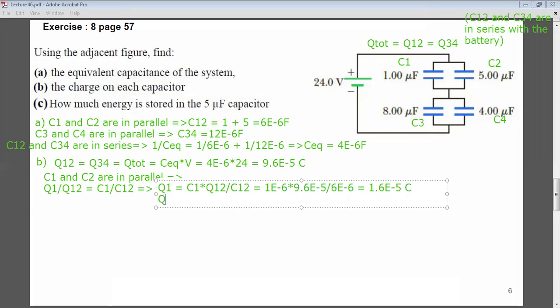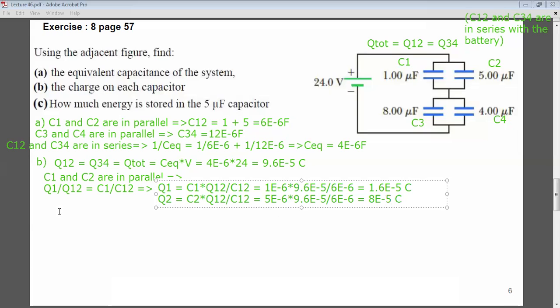I do the same for Q2. I will get Q2 equals C2 times Q12 divided by C12, and this will be 5 e to the minus 6 times 9.6 e to the minus 5 divided by 6 e to the minus 6, and this would give me 8 e to the minus 5.